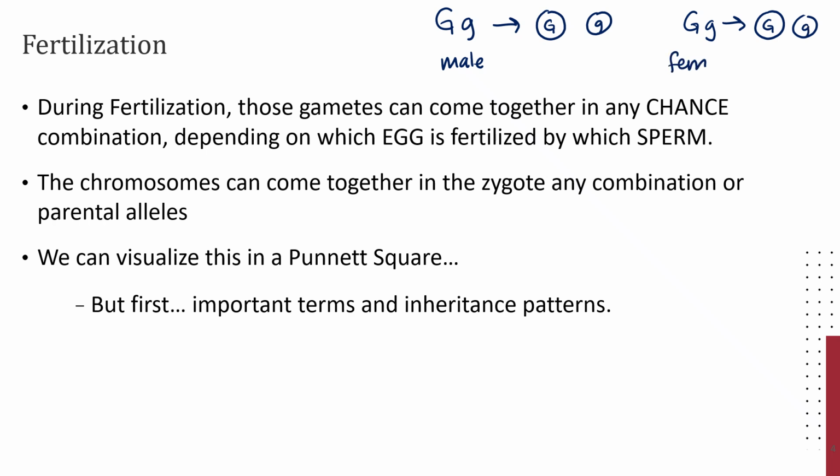So the one that actually gets used is just going to be based on the flip of a coin. Whichever egg happens to be released, whichever sperm happens to be released. So we can determine what combinations are possible by something called a Punnett square. And we're going to come back to that in just a minute. First, we're going to talk about a couple of important terms and a couple of different patterns that we might see as a result of those Punnett squares.